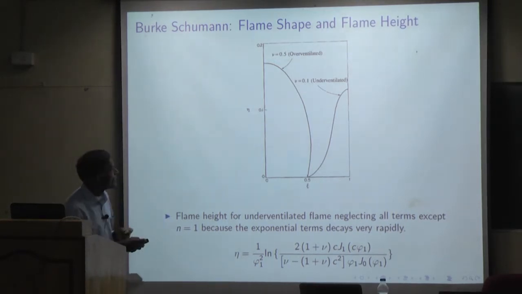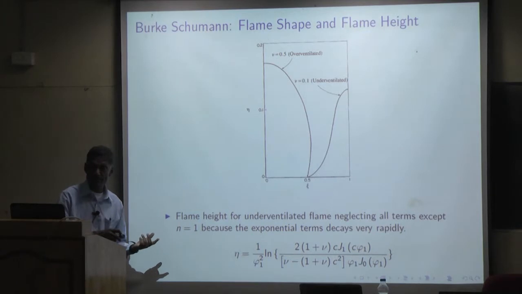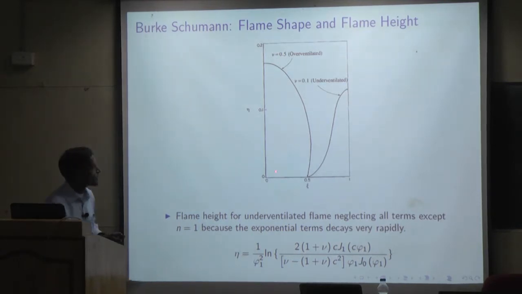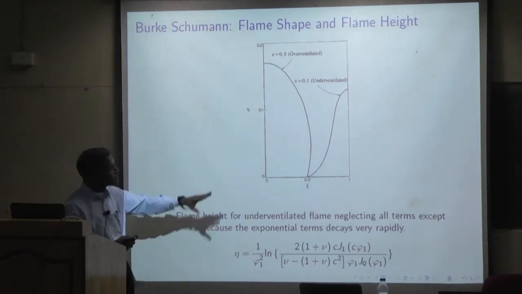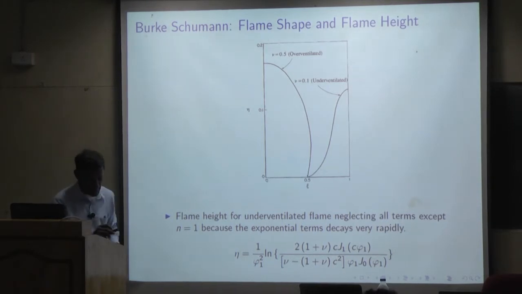Also buoyancy has been neglected in addition. In spite of all those approximations, the flame height and flame shape that you predict from this analysis are fairly accurate. So that's the first thing I want to look at.